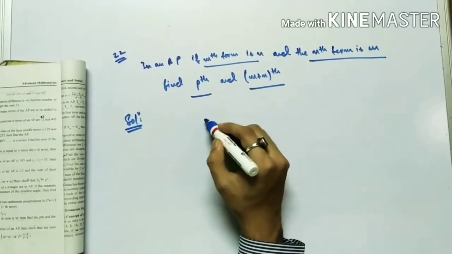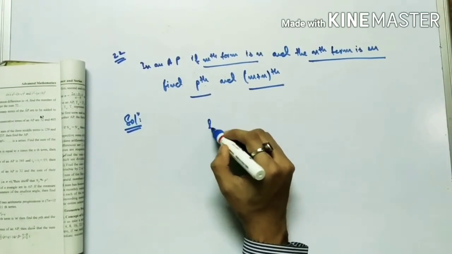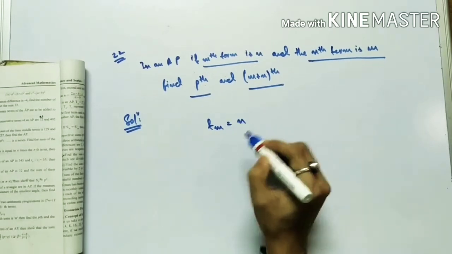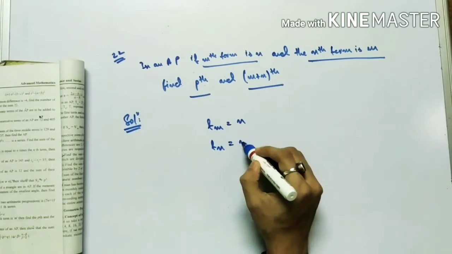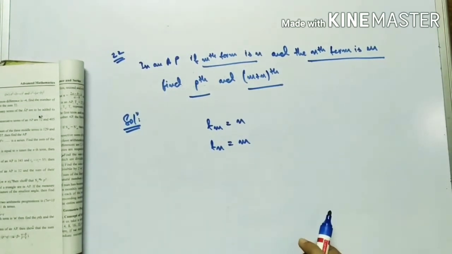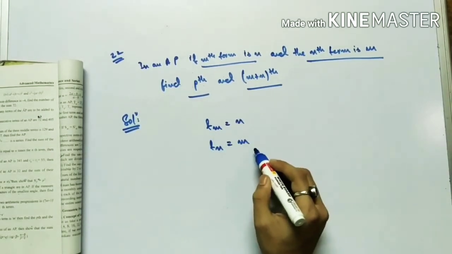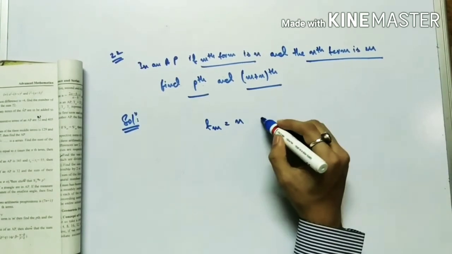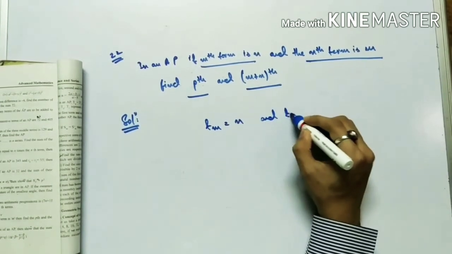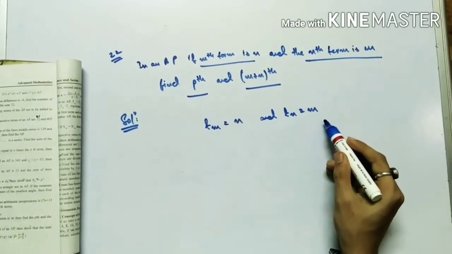So in here you see the mth term is n. It is given that Tm is equal to n, and the nth term Tn is equal to m. I have to find the pth and the (m plus n)th term. So let me write it this way: Tm is equal to n and Tn is equal to m. This is our given.